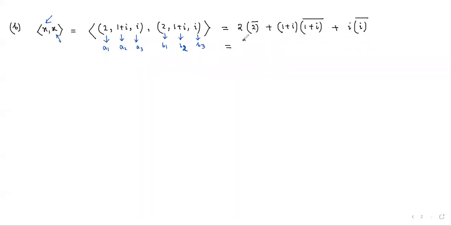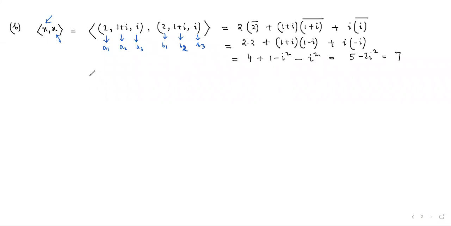Now, this becomes 2 into 2. This becomes 1 plus i into 1 minus i. And this becomes i into minus i. And this is 4, 1 minus i square, and minus i square. And this is 5 minus 2i square, which is 7.